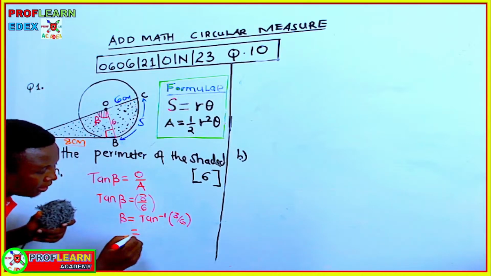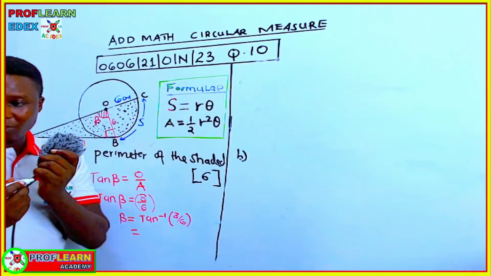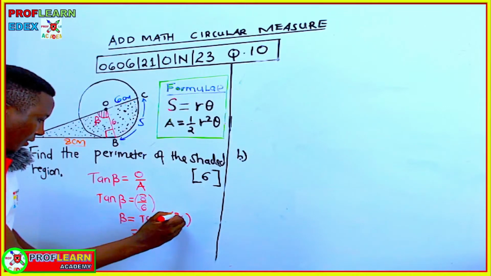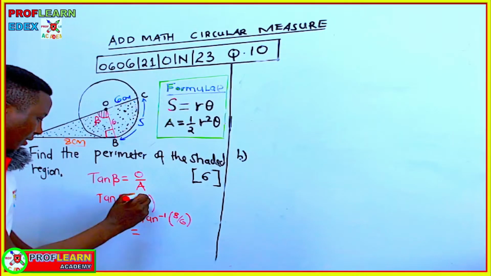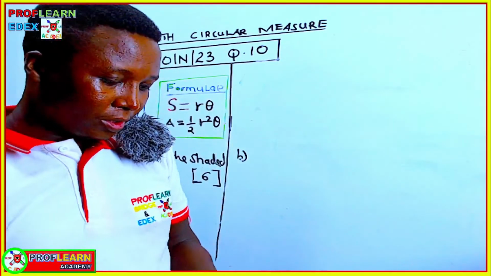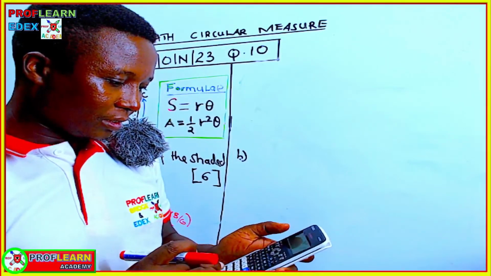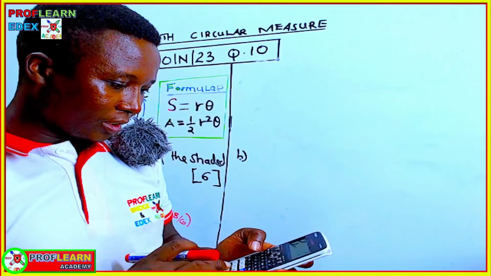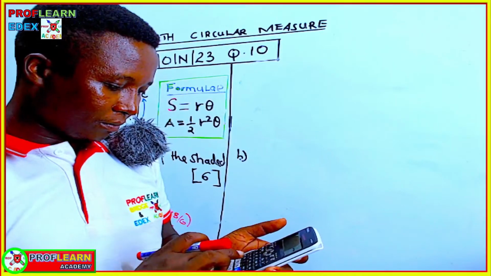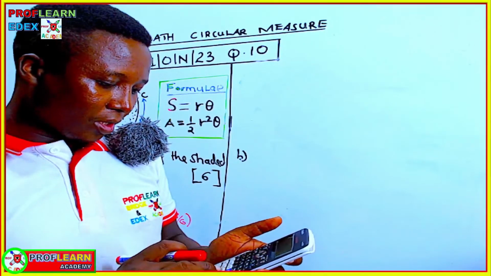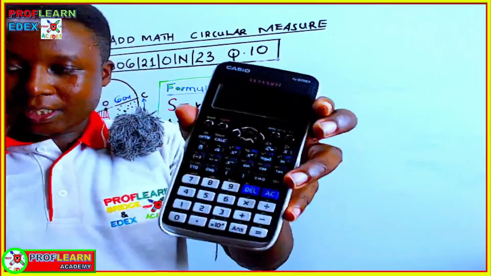So let's see what we get if we work this out. We are going to substitute the 8 and the 6 into the formula: tan inverse of 8 over 6. If you work it out using your calculator, you are going to get the angle in radians.